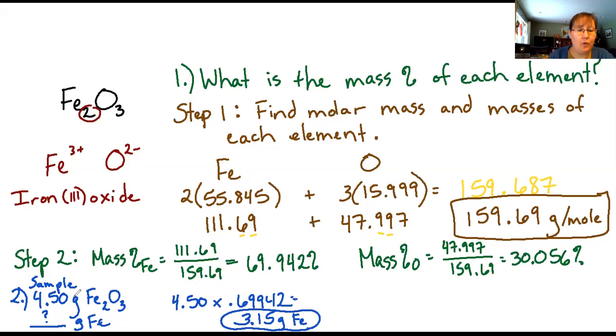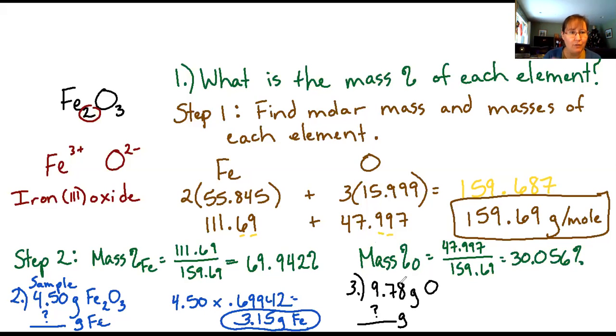In my sample of 4.5 grams. Let's look at one more possibility. Let's say, number 3, that I do a reaction and I find that I have 9.78 grams of oxygen.